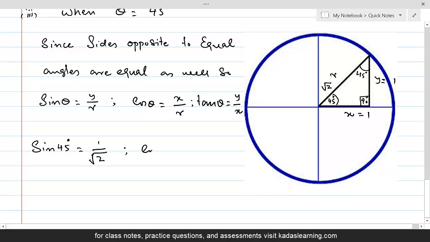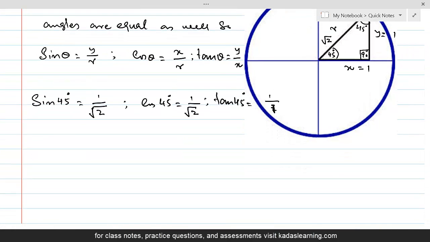Cos of 45 degree would be 1 over under root 2, and tan of 45 degree would be equal to 1 over 1. So these are the values for sine theta, cos theta and tan theta.